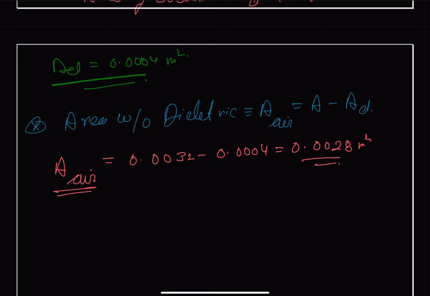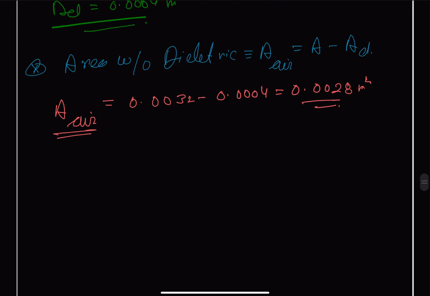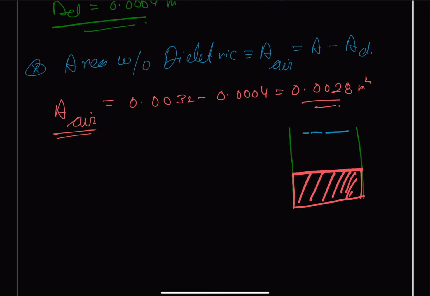So we have two capacitors. We can just draw the approximate figure for that. One capacitor is having dielectric, and the other capacitor is having simply air. The width of them is same, but area is different.